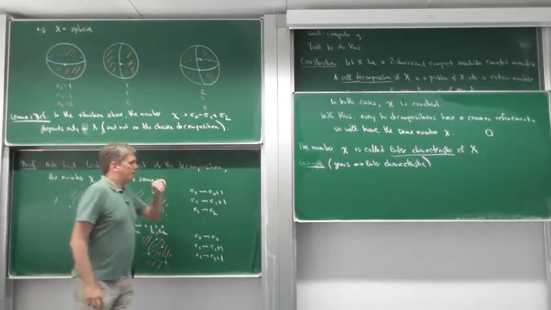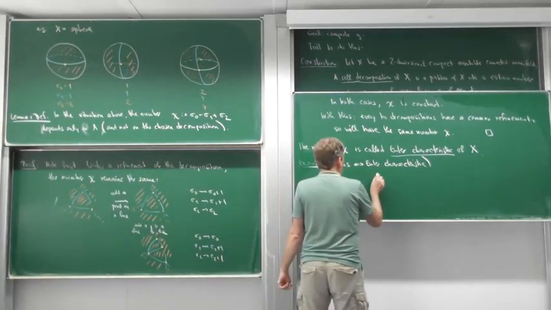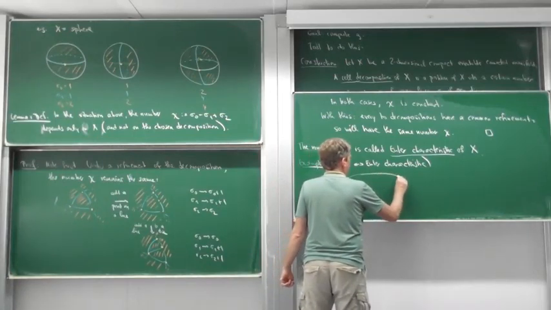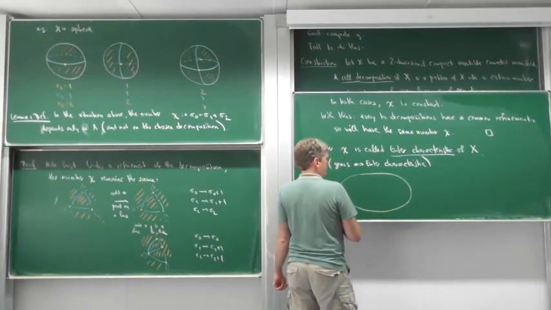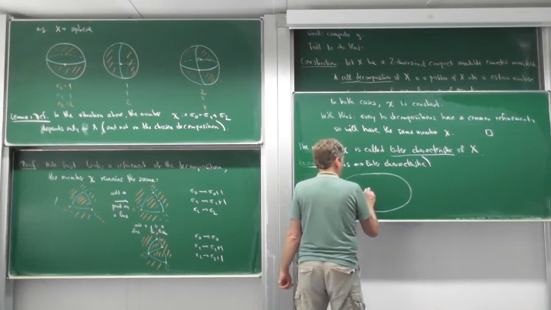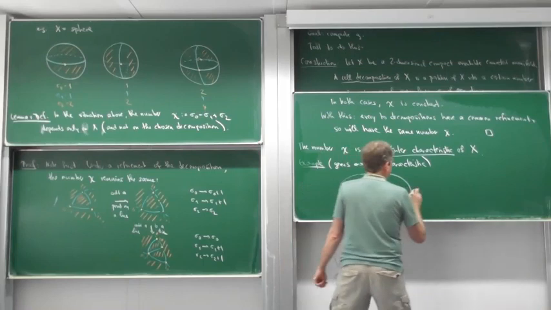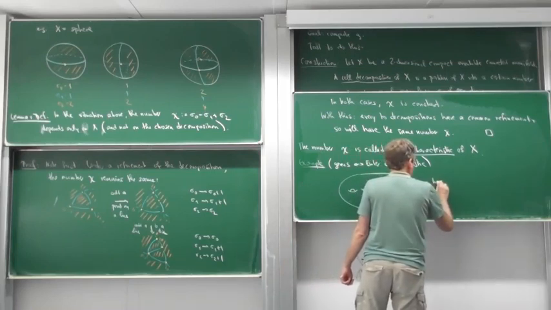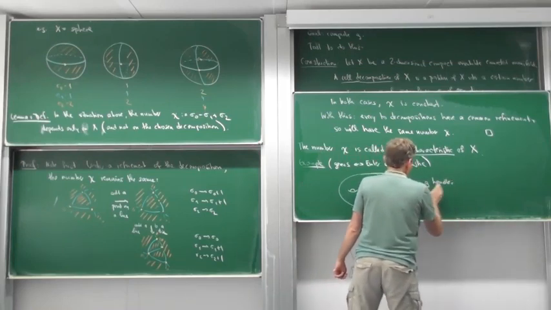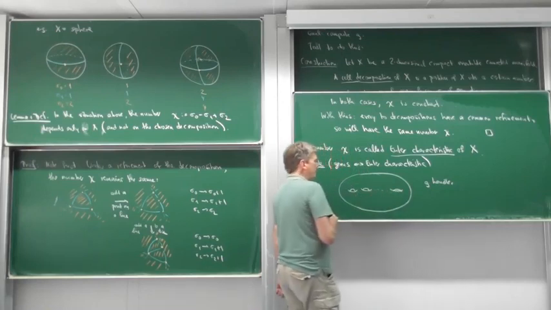Let's just draw the pictures in. So a genus G curve, or genus G surface, real surface, complex curve would look like this. So with G handles. So the G is the number of things here in the middle.